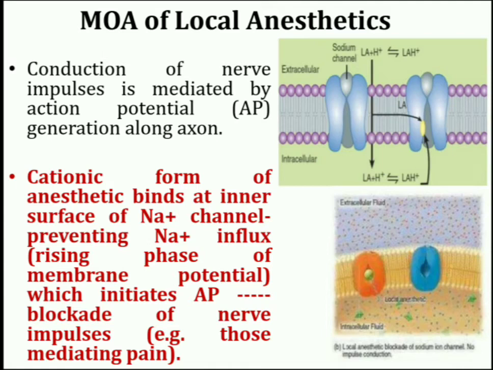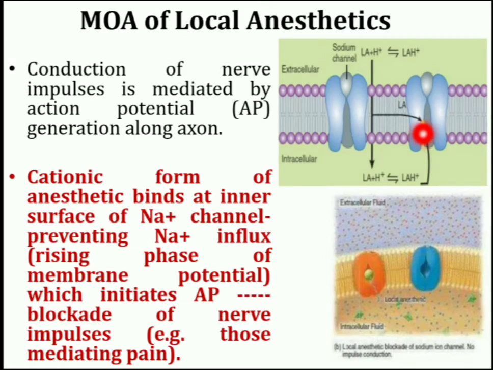Now, mode of action of local anesthetics. The mode of action of local anesthetics is believed to be via their sodium channel blocking effect. The local anesthetic drug binds to the channel in an area just beyond the selectivity filter or P region.